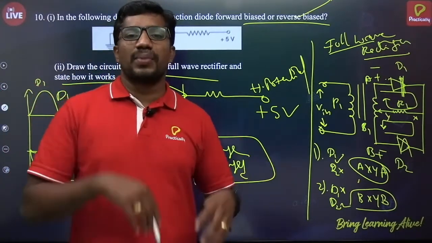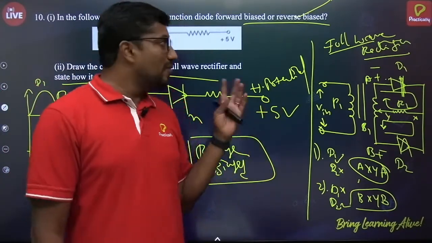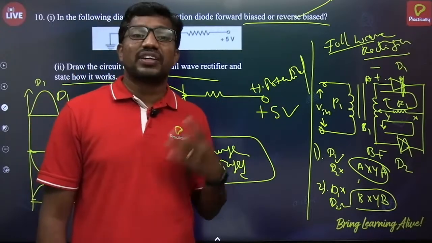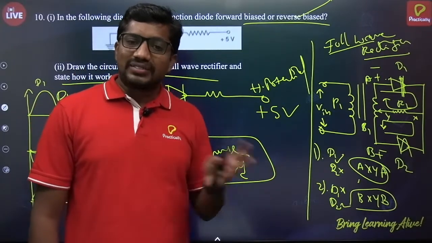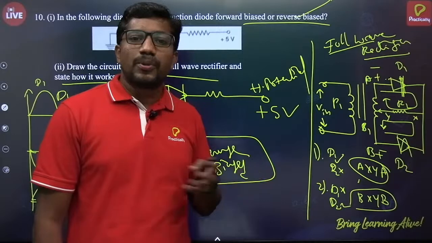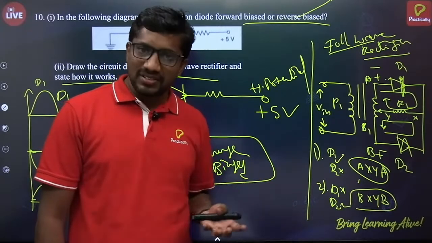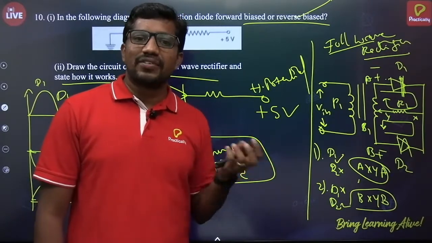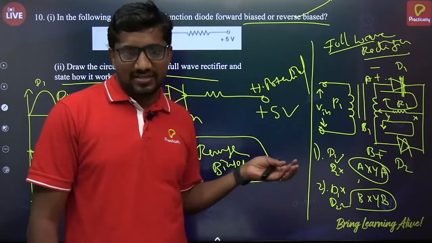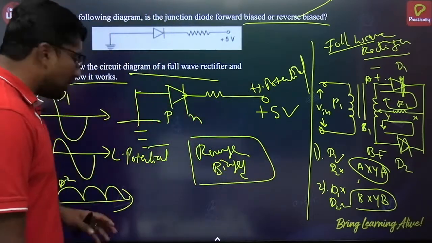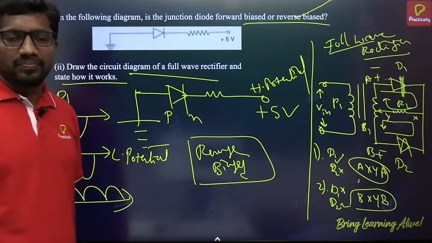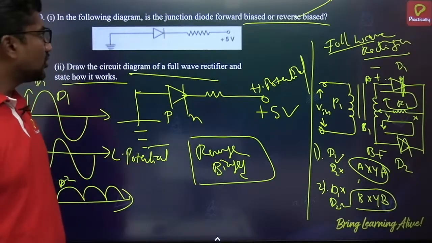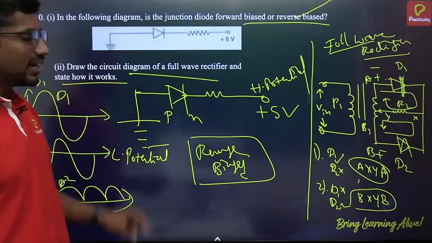It consists of some ripples. Whichever rectifier you take, just by conversion from AC to DC it won't give pure DC; it consists of some ripples. Those ripples can be eliminated by placing filters, and finally we will get pulsating DC. Okay, so this is the process of the full wave rectifier.